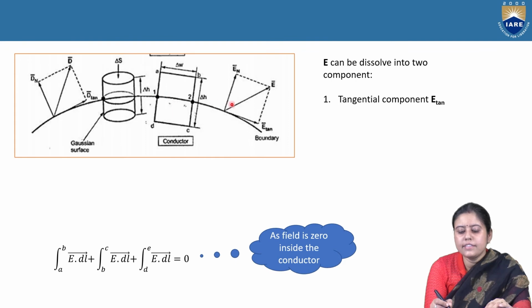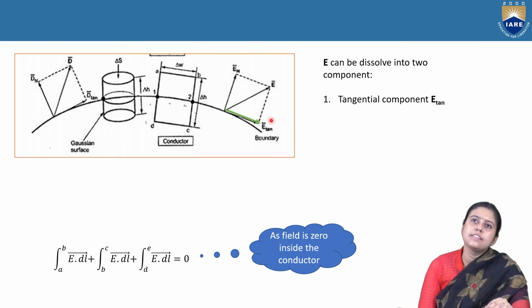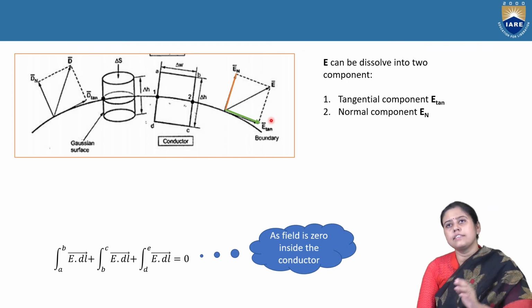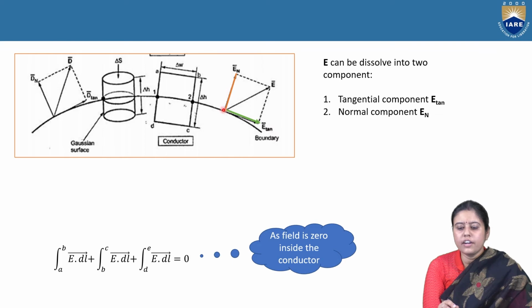If current is flowing and the field intensity is in this direction, there is a tangential component, E tan. Similarly, there is a normal component, which we write as En.